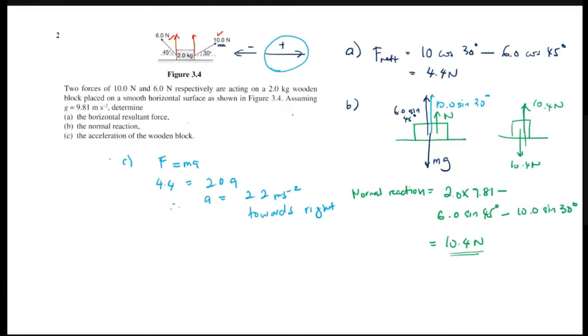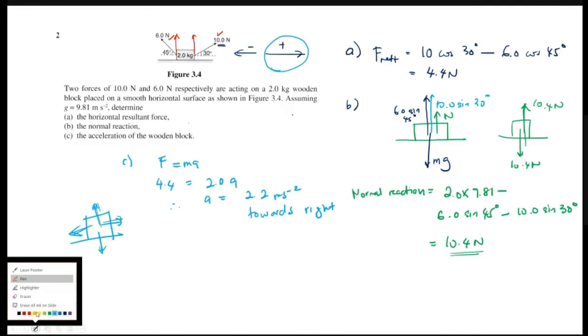Because if you imagine there are so many forces acting on an object, like up, down, left, right, but one force is the biggest one that moves the box. So let's say here we have so many forces acting on the box, but the box is moving towards left or right.